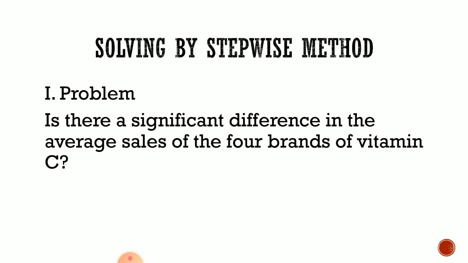So solving now by the stepwise method, first is to identify the problem. The problem is: is there a significant difference in the average sales of 4 brands of vitamin C? The next is to formulate the hypothesis.